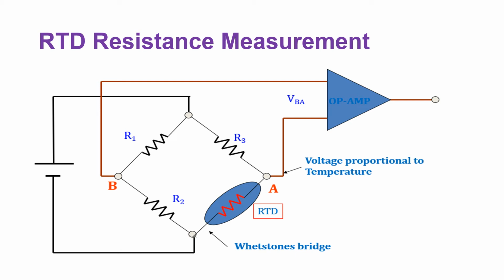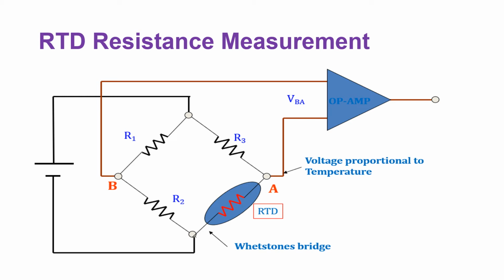You can connect the galvanometer between point A and point B. By using the galvanometer, you can calculate how much output voltage you are getting. In balanced condition, R1 upon R2 equals R3 upon the resistance of RTD, and for balanced condition your output voltage equals 0.